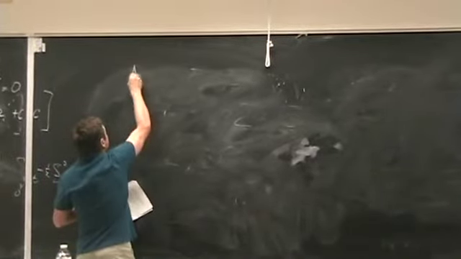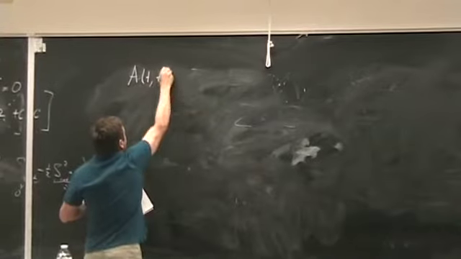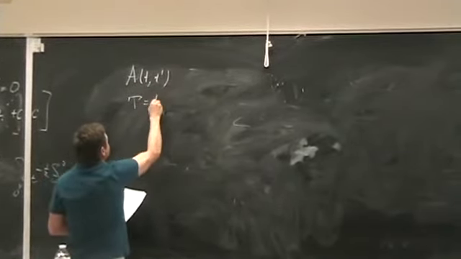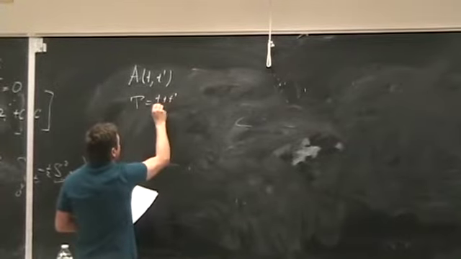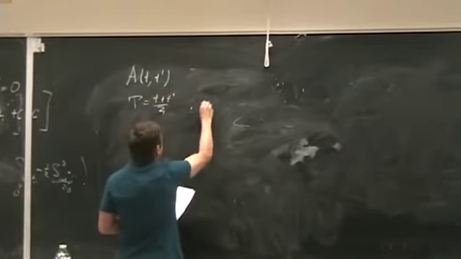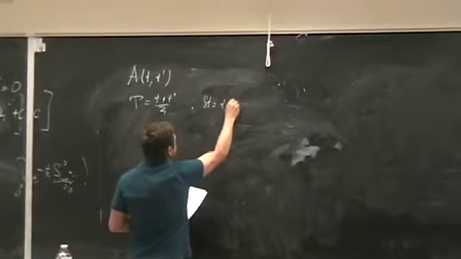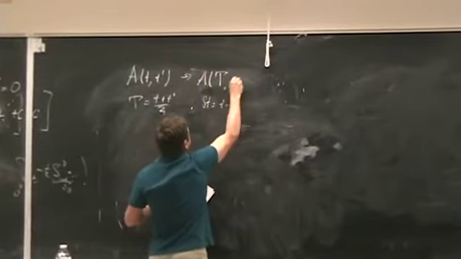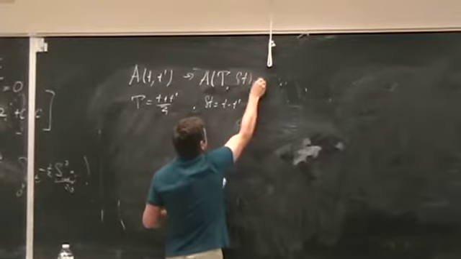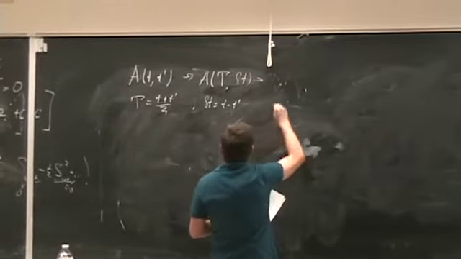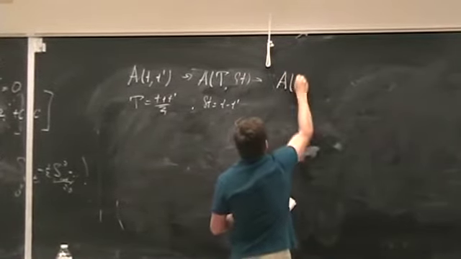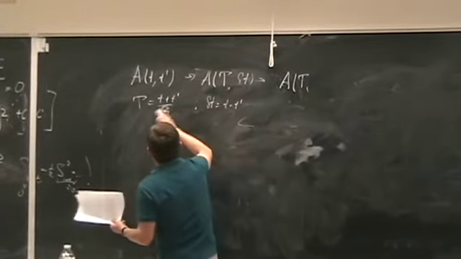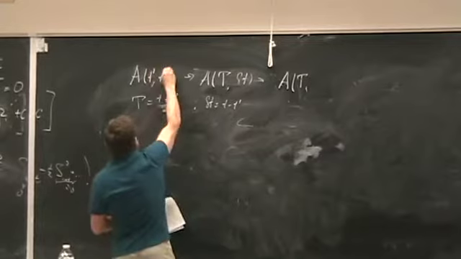So if you have a two-point object, you want to introduce T as (t plus t prime) over 2, and you want to introduce, I don't know, delta t as t minus t prime. So you go to T and delta t, and then you do a Fourier transform with respect to delta t, so you go to a T, it's not temperature, it's center of mass, t prime, t double prime.